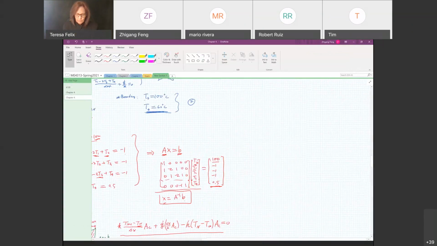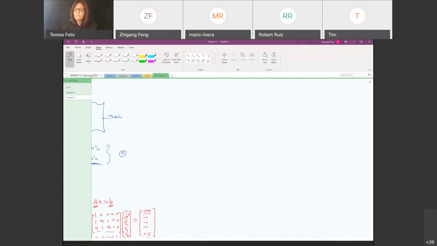I think only one question, Question 8, asks you to find the relationship between q double prime s and q star s.